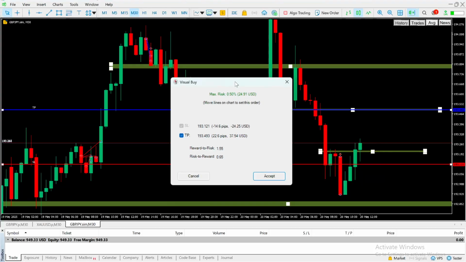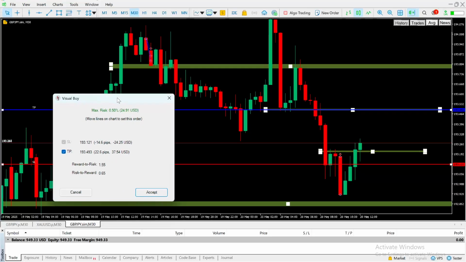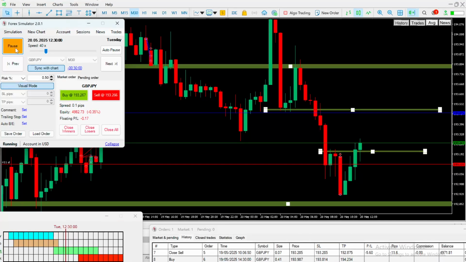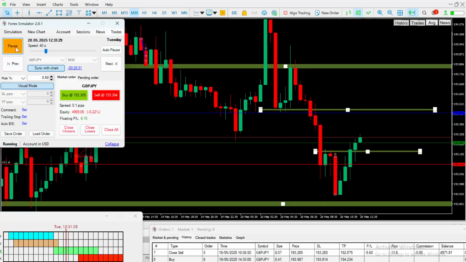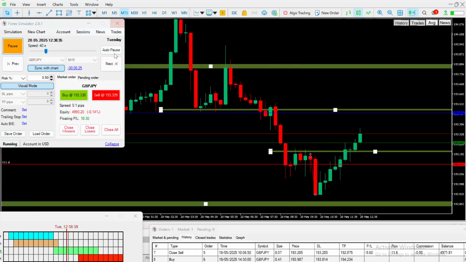Doesn't mean I'm not really believing in the setup. I don't know. Let's see. I just followed the breakout strategy. There's a close outside. It was a bit too late actually. It was supposed to be here, but that's okay. Let's fast forward this.